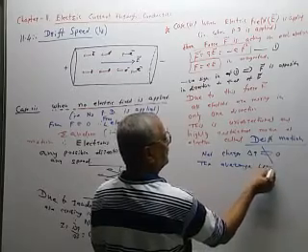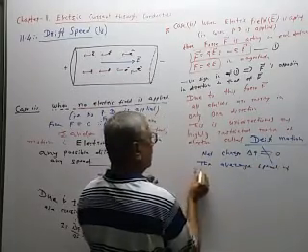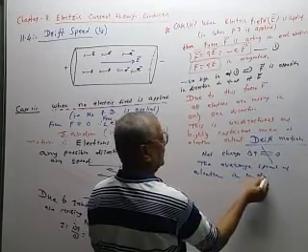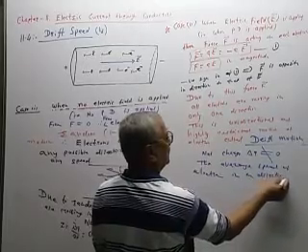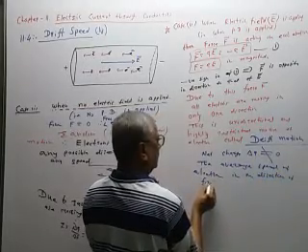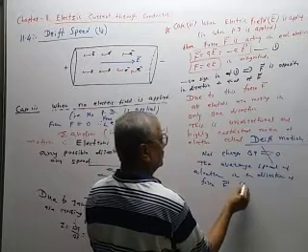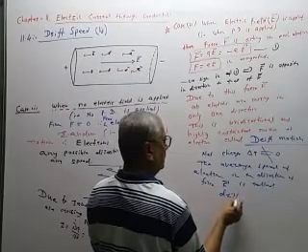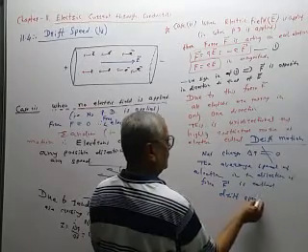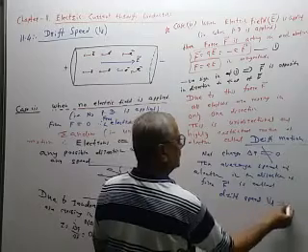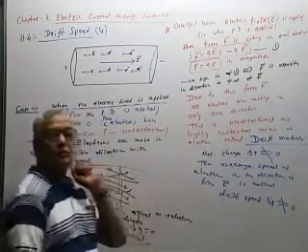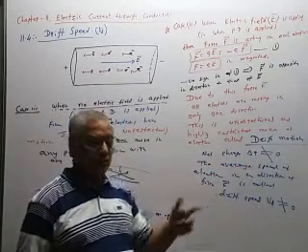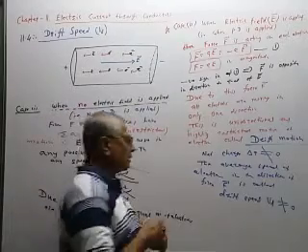The average speed of the electron in the direction of force F is called drift speed, Vd, and it is not equal to 0. So the electrons are moving, therefore there is a net flow of charge, therefore there is a current.